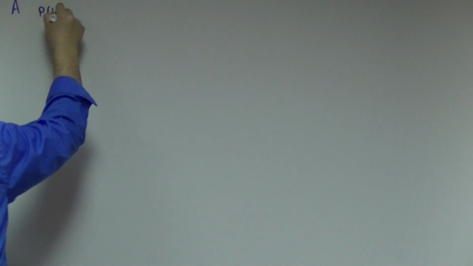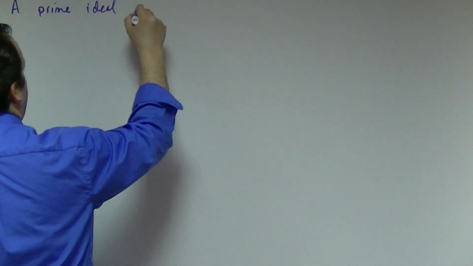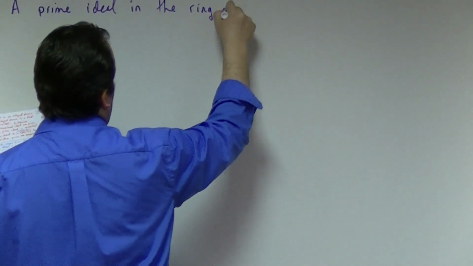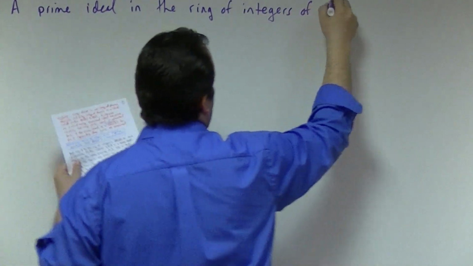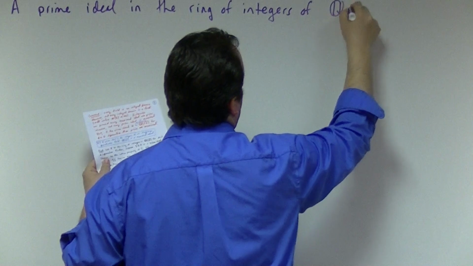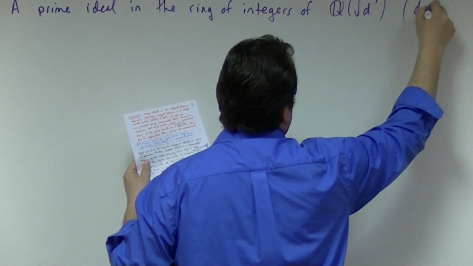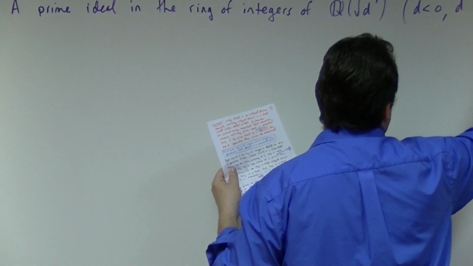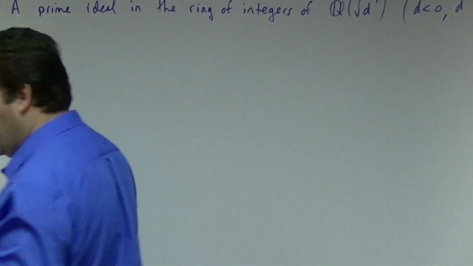Theorem. A prime ideal in the ring of integers of the imaginary quadratic field Q adjoining square root of D, again, D is less than 0, D square free. That's what makes it an imaginary quadratic field, right?